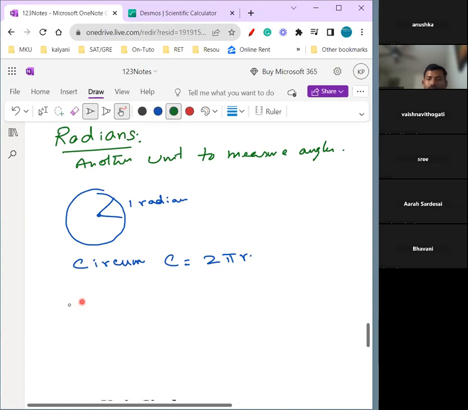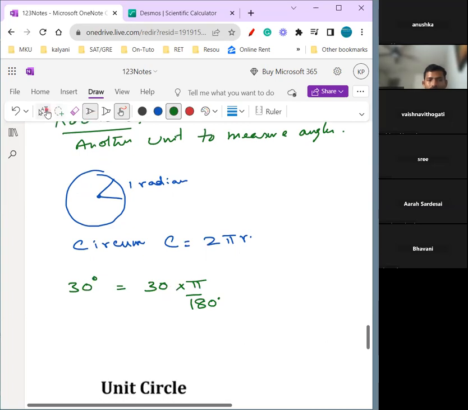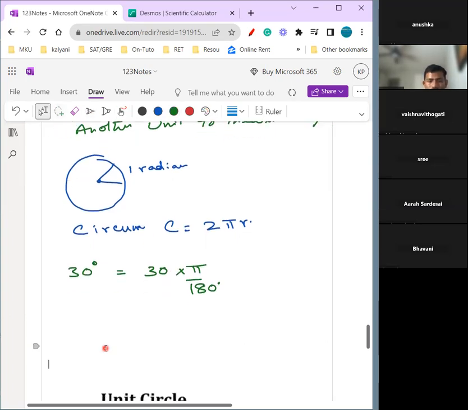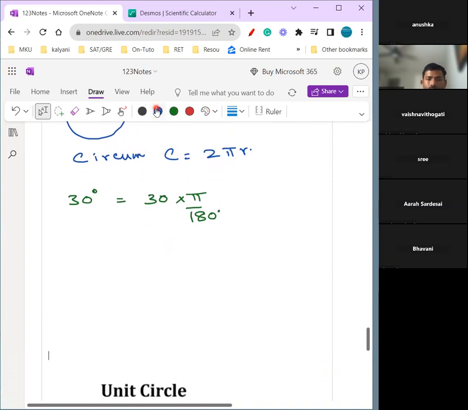If I give you some degrees, so 30 degrees, if I want to convert into radians, all I have to do is 30 times pi over 180. Okay, so I'll make little formulas for you, easier. So degrees to radians: you're going to take the degrees times pi over 180.